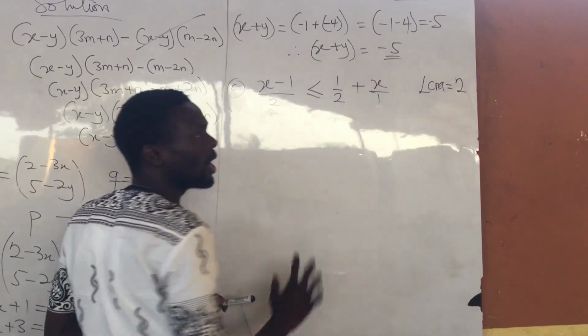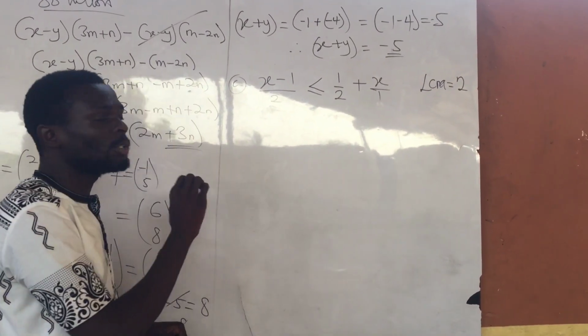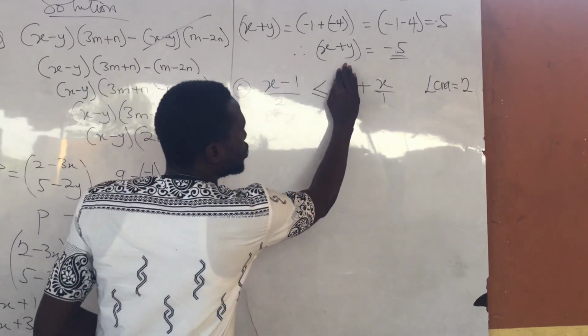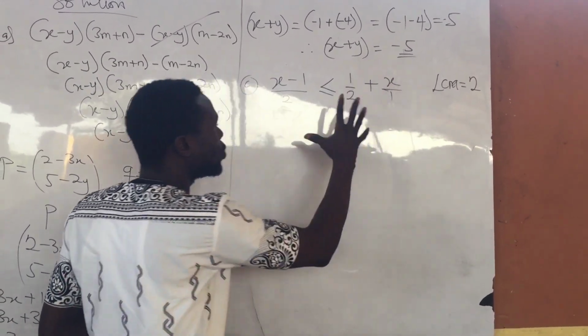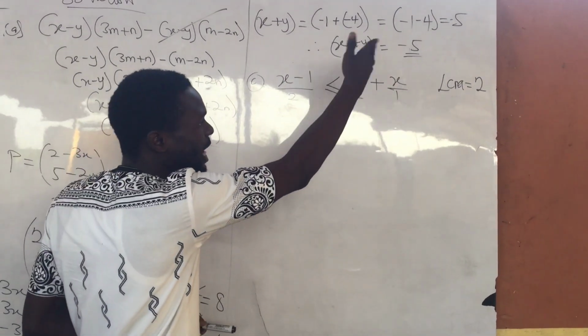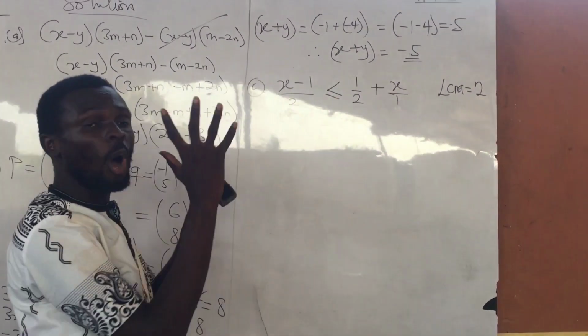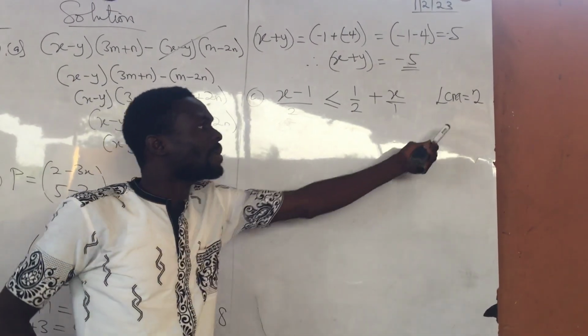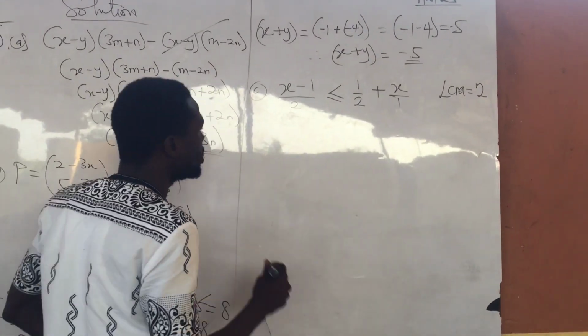Now that we have our LCM, how many terms do we have in the equation? We have this as 1 term, 2 terms, 3 terms. So in all, we have 3 terms. Multiply each term by the LCM. So what do we have?